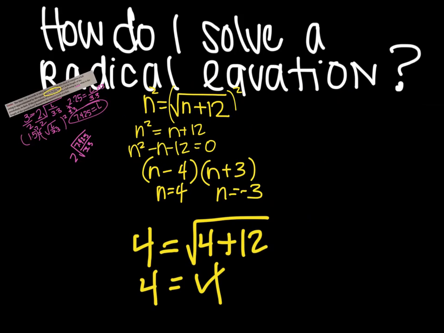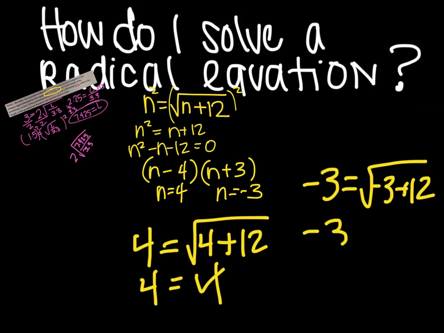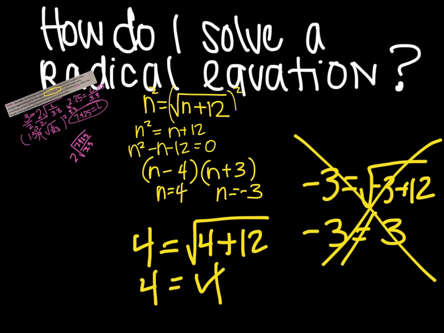And then if I put in -3, so -3 equals the square root of -3 plus 12, I'm going to get -3 equals 3. And that's not true. So this answer is what we call an extraneous solution. It means that solution doesn't check out with the original equation, but there is one that does, in this case n equals 4. So it's not no solution because there is just one of the two that works.